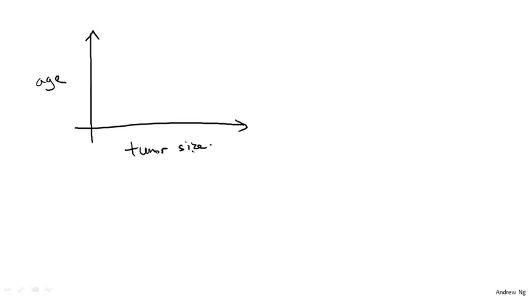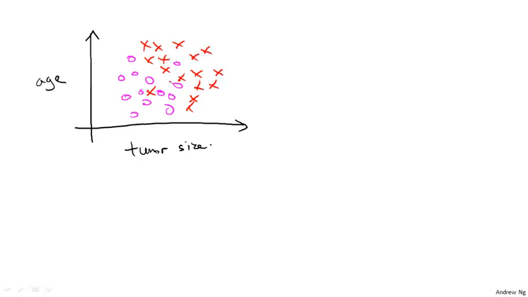So in this case, you may have a training example that looks like this, where again I have O's to denote the benign tumors, and crosses to denote the malignant tumors in this maybe slightly made up example.